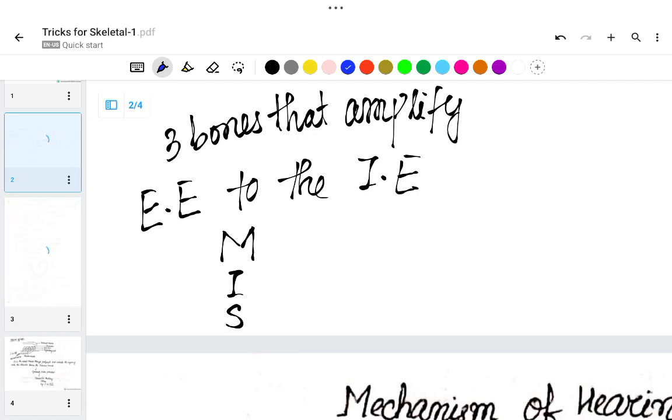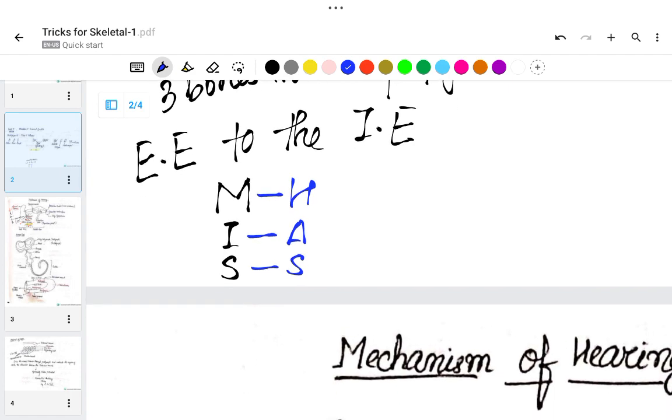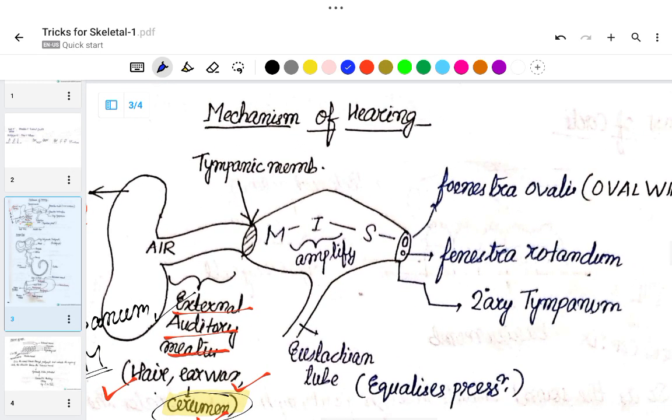This mnemonic is MIS. That is, malleus is hammer shaped, incus is anvil shaped, and stapes is stirrup shaped. These are the three bones: malleus, incus, stapes. They amplify the sound that is coming from the external ear to the internal ear.